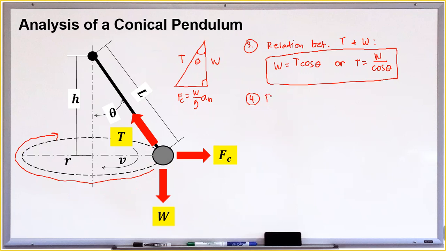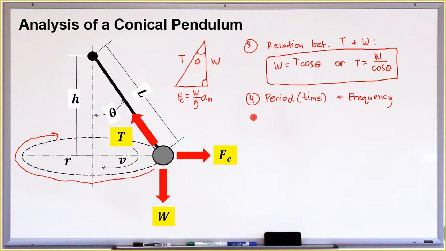So we're going to solve for the period. The period talks about the time, and then frequency, or how often it repeats its rotation in a circular path.